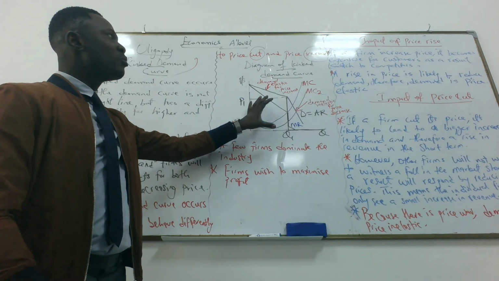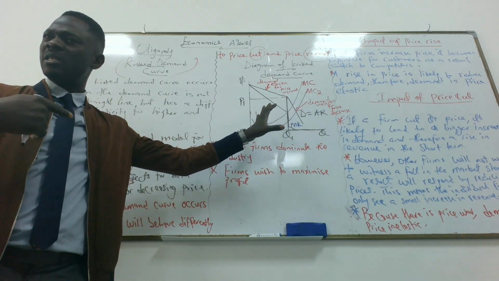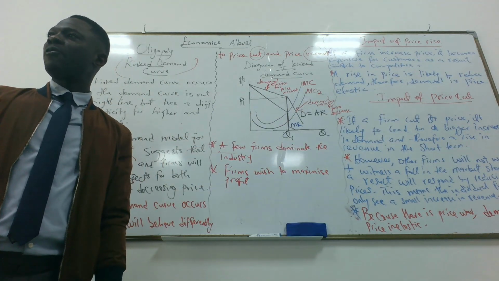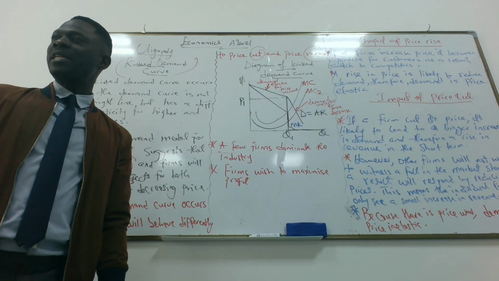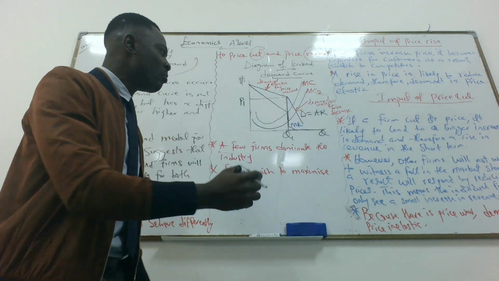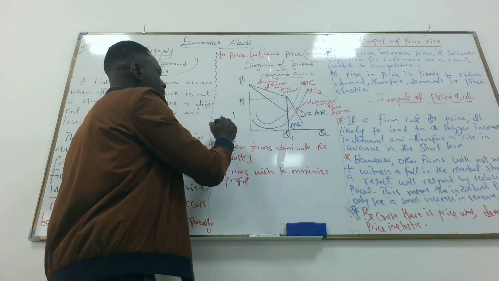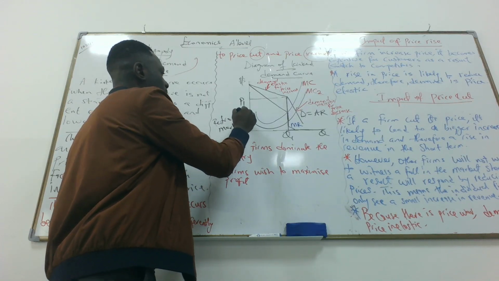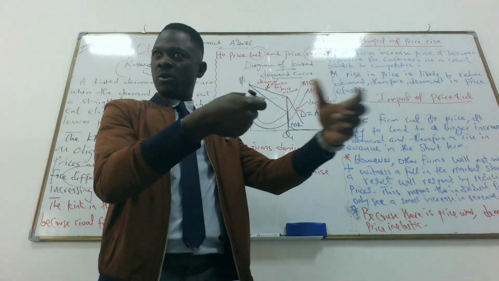So this is a typical kinked demand curve. A typical example of a market that this could affect is the petrol market, the ones you buy your fuel from.